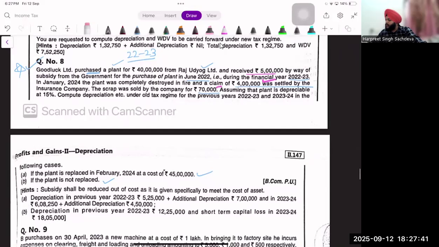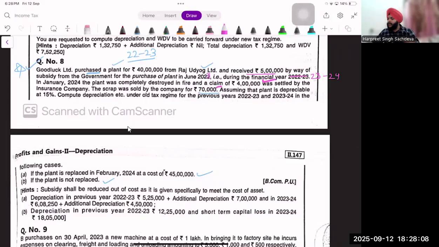In your book, it will be 23-24. Yes or no? Confirm, everyone. Yes. So, June 2023 during the financial year 23-24.